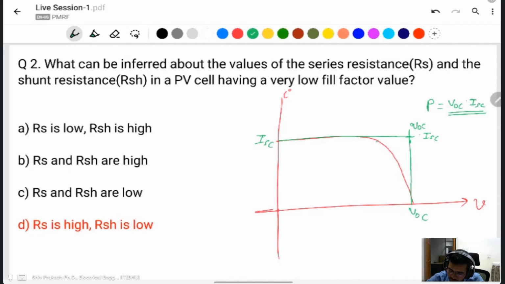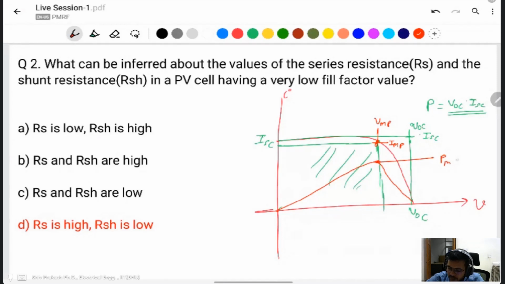The actual maximum power area cannot exceed this because of the shunt resistance and series resistance. This point is the IMP and that point is the VMP. Then the power is PMP, the maximum power.